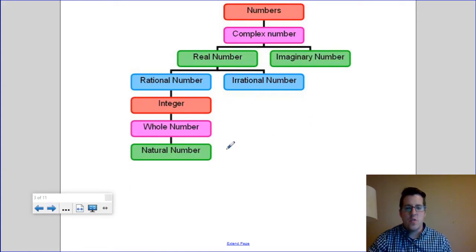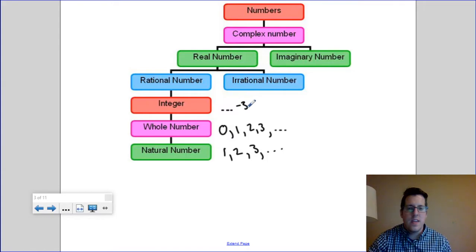So a natural number is 1, 2, 3, and the like. A whole number is 0, 1, 2, 3, and the like. And the integers are things like -3, -2, -1, 0, 1, 2, 3, and so on.